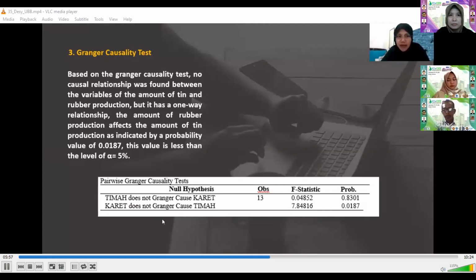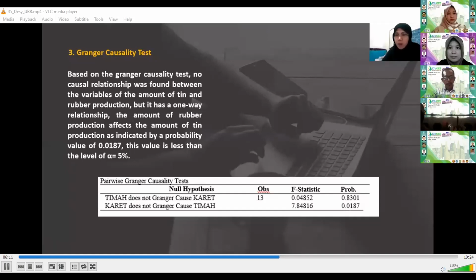This is in rubber does not Granger cause tin, because the probability value is less than the alpha level of 5%. The probability for rubber does not Granger cause tin is 0.0187. This is less than the alpha. So this research has a one-way relationship.